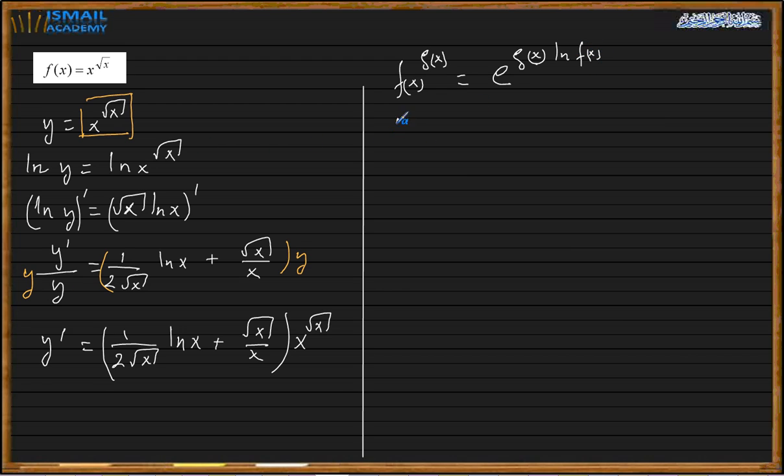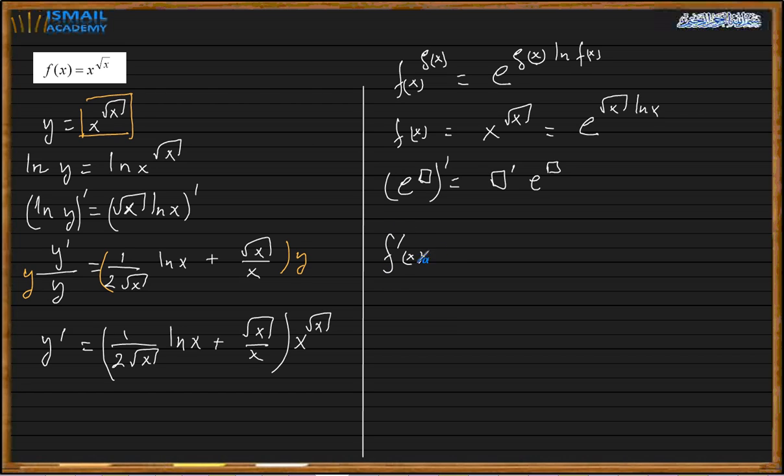So here I have f of x equal x, and this is my f, this is my g, so it's going to be e to the square root of x ln of x. Now I use the derivative of the exponent, which is that e to the something prime is the derivative of that thing times e to the same thing, which means I will end up with this expression at the end.